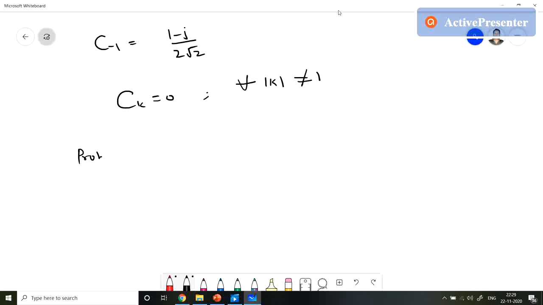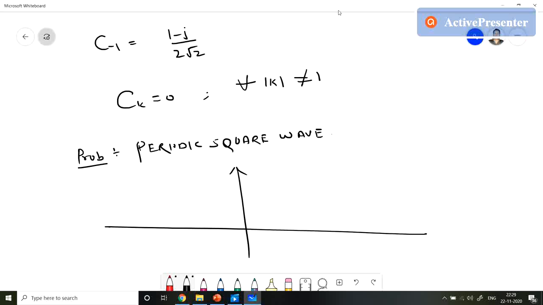Let us discuss problem number 2. Let us find out the complex exponential Fourier series and trigonometric Fourier series for a periodic pulse. So we have a periodic square wave, and the periodic square wave is given below. Let us draw it.